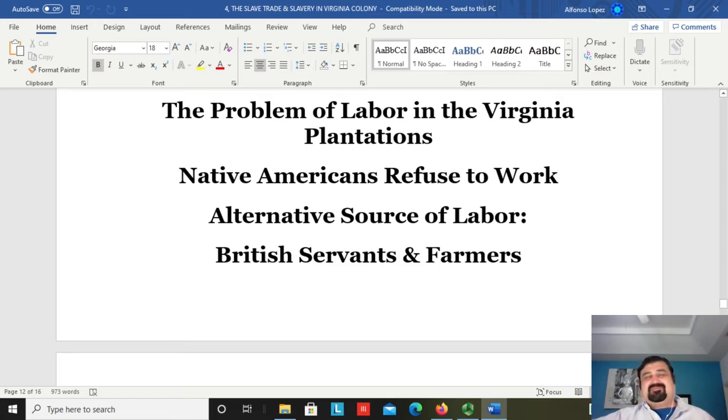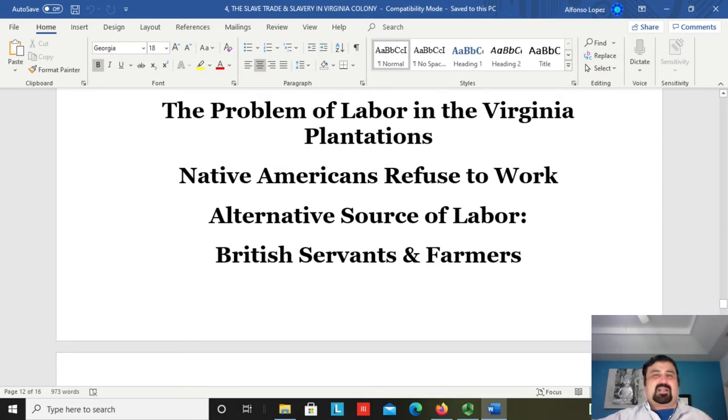When the Virginia colony was established, remember, it was established as a company, a Virginia Stock Company. And one of the central purposes, the central goals of the company was to produce tobacco for England.